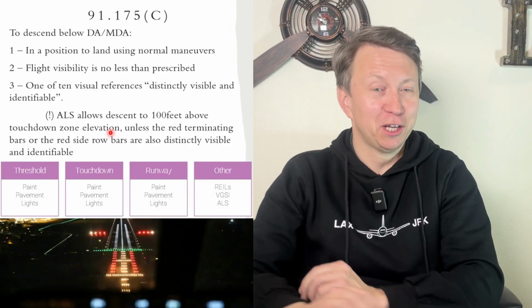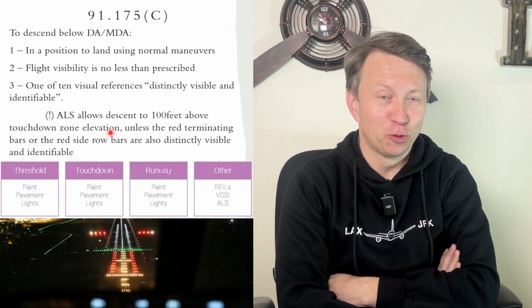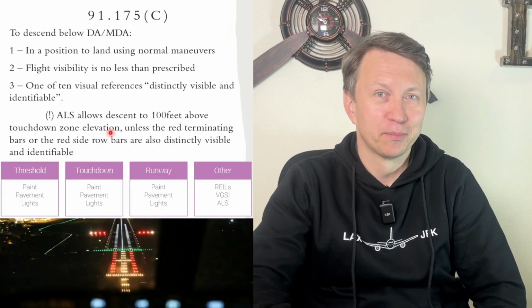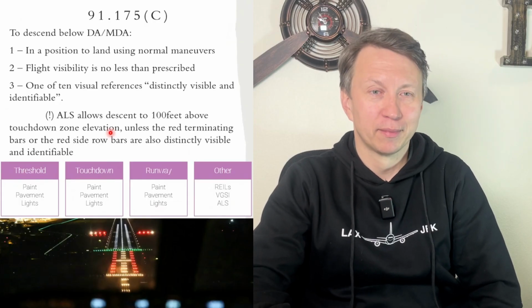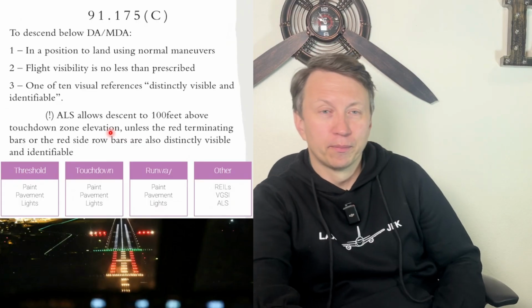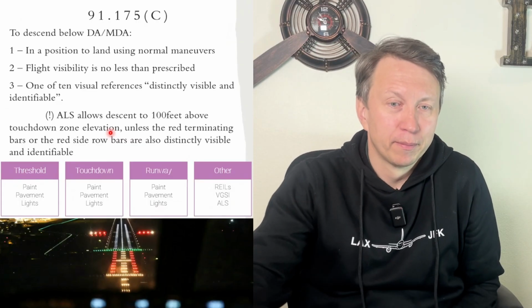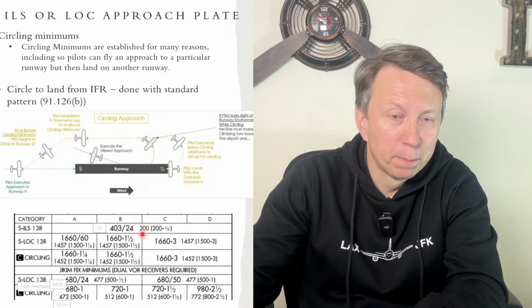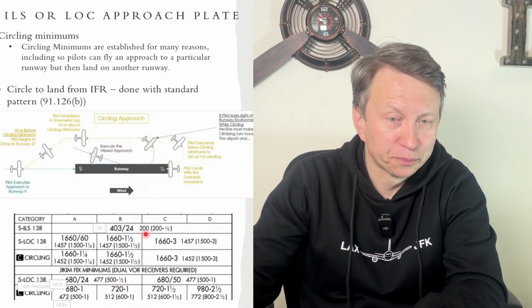There, I'll let this sink in for a second, see if it actually makes sense or any questions. So you're saying in the previous example, you're allowed to go to 300 feet. Our DA was 403 and the DH is 3.